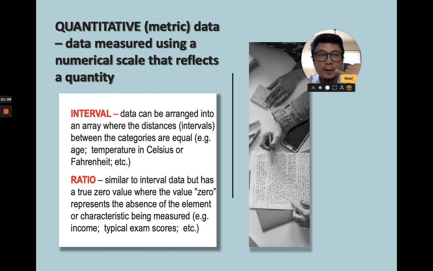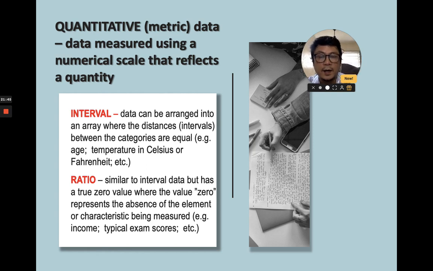Nominal data can be counted. That's the only characteristic of nominal data. Ordinal data can be counted, but it can also be arranged from lowest to highest or highest to lowest. Interval data can be counted, can be arranged into an array from lowest to highest or vice versa, and its unique characteristic is that the distances or the intervals between each possible answer are equal.